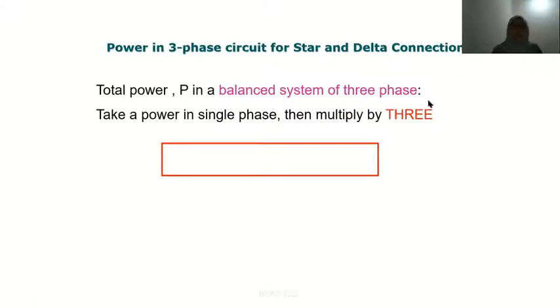So what can we say about the power in three-phase for the star and delta connection? The total power, or active power P, in a balanced three-phase system is determined by taking the power in a single phase and multiplying by 3.